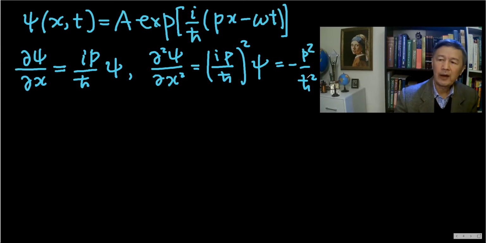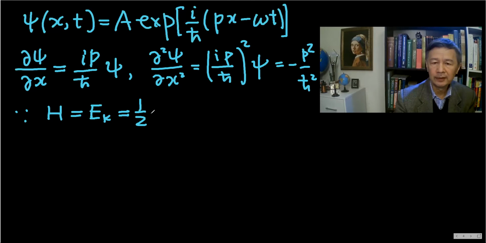Now we have to use some classical formula to convert this p square into kinetic energy. So our argument is that the Hamiltonian in this case is just the kinetic energy, which we can call EK, to use the notation used in high school. That is, kinetic energy can be written as half mv squared.